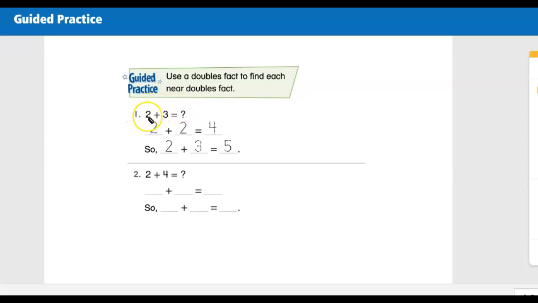The first one says 2 plus 3 equals blank. Well, if we don't know 2 plus 3 right away, if we think of our doubles fact, so if we say 2 plus 2 equals 4.